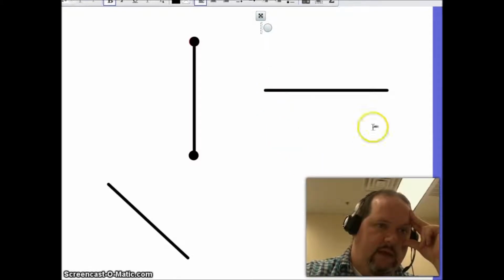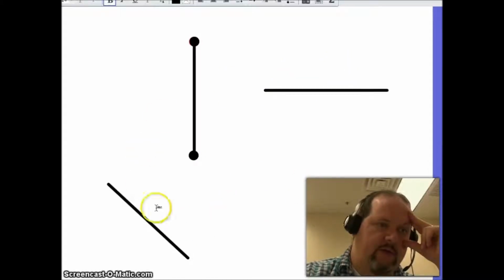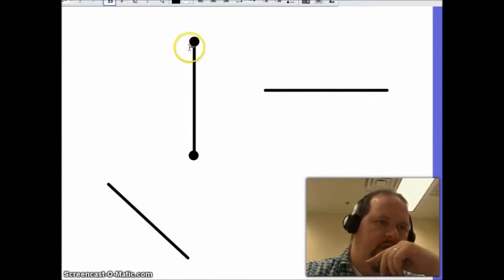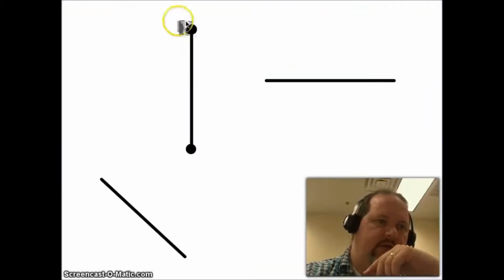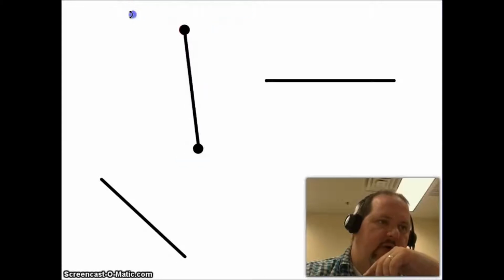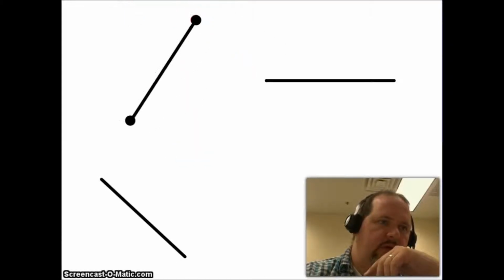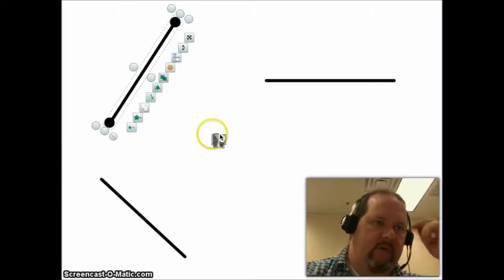So today, let's talk about these segments. Now look up here. I have three different segments up here. So there's three line segments. And you may see one like this, and notice what it has on it. It has dots. It has points on the end of it.